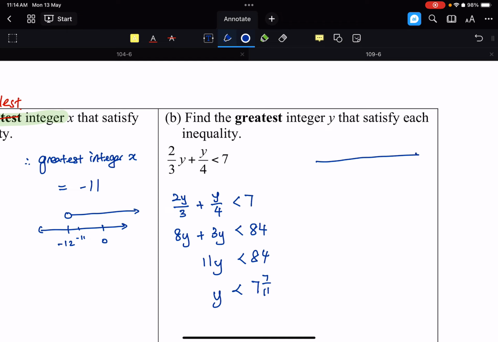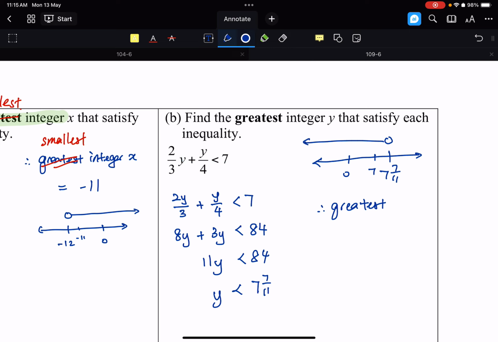So we look at the number line, right? 7 and 7 over 11, so somewhere here. So greater this way, right? So somewhere here is 7. Therefore, greatest. Let me go back here. This is the smallest.